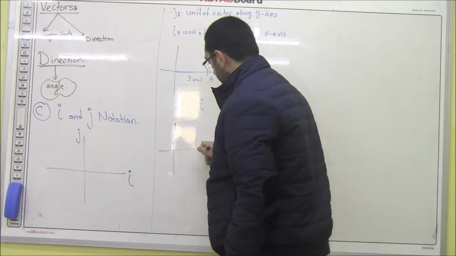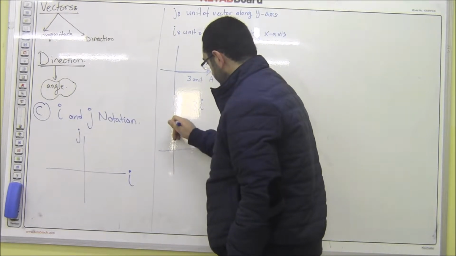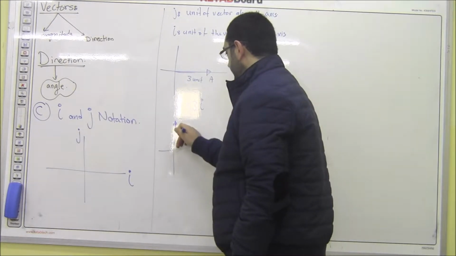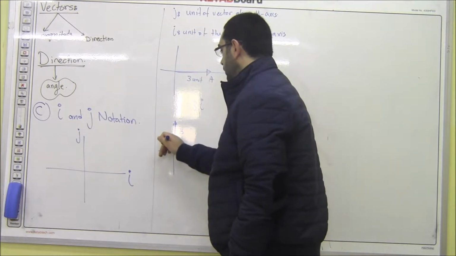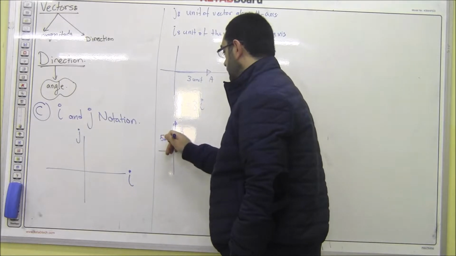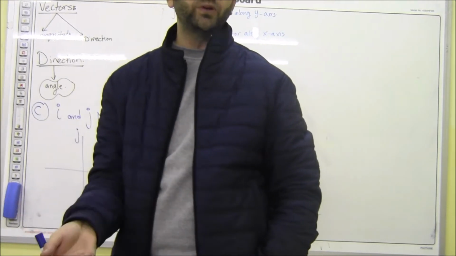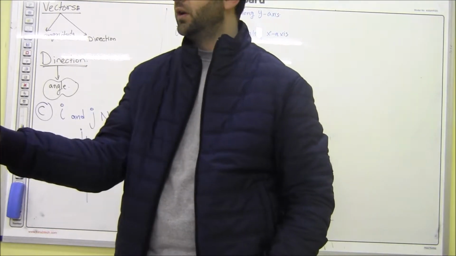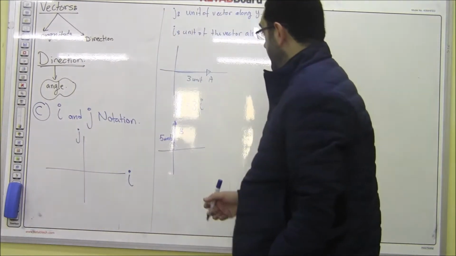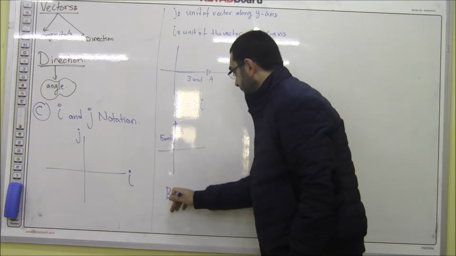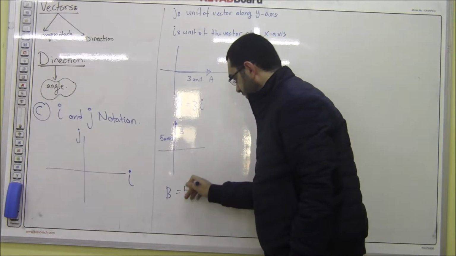If I have a vector along the y-axis, let's say this is B, and it is 5 units along the y-axis, whatever the unit, might be meters per second, velocity, Newtons, force, acceleration, whatever, then B equals 5J.